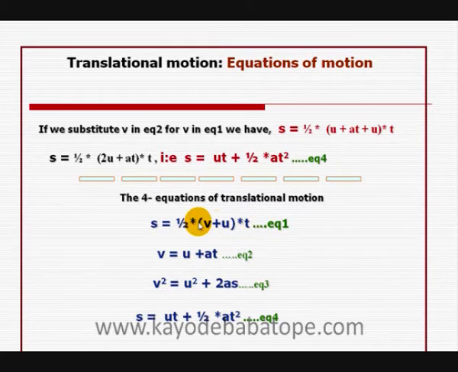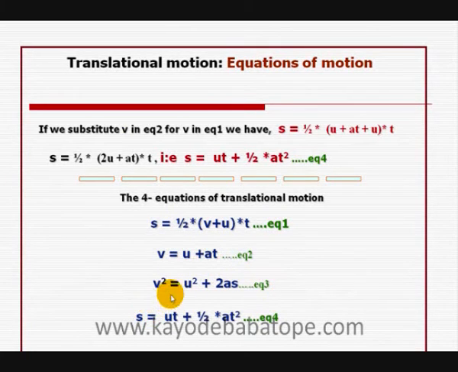So you can use this equation to calculate S when you know the initial and final velocity as well as the time of flight. Equation 2, V equals to U plus AT. You can use this equation to calculate the final velocity when you know the initial velocity, the acceleration, and the time of flight.